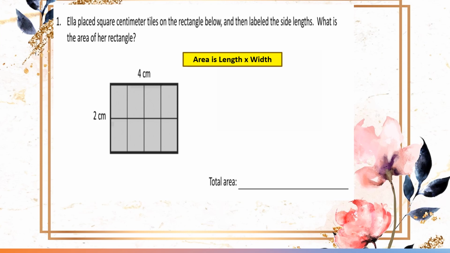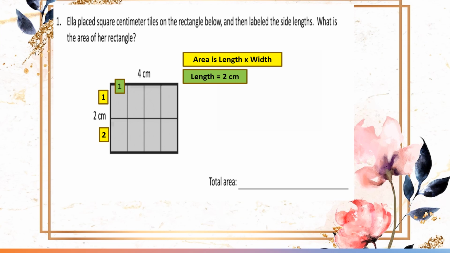So, we count the squares that make up the length. 1, 2. 2 squares make up the length. So the length is 2 centimeters. Now, again, area is length times width.